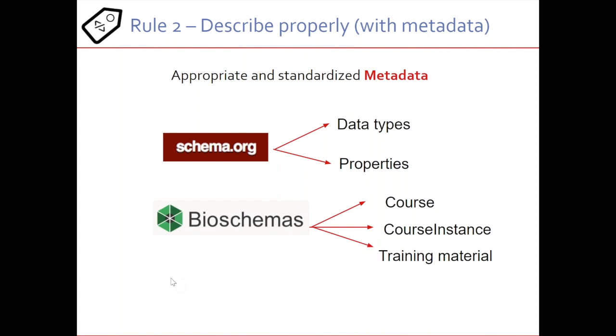We are not covering only training materials, but courses and course instances as well. Some of the elements you will see there are those I have already mentioned: the author, the contributors, the published date or the modified date, the title, the audience, the learning outcomes, the prerequisites, what you need in order to take this material, and the level, beginner, intermediate, etc. All of that is metadata.